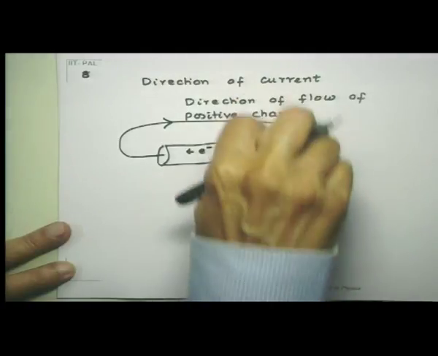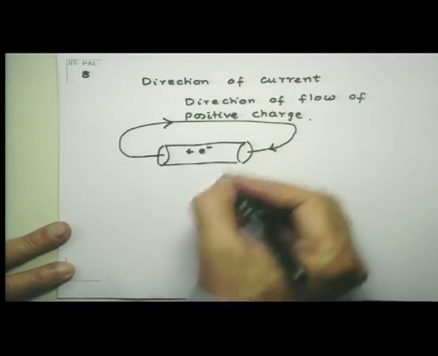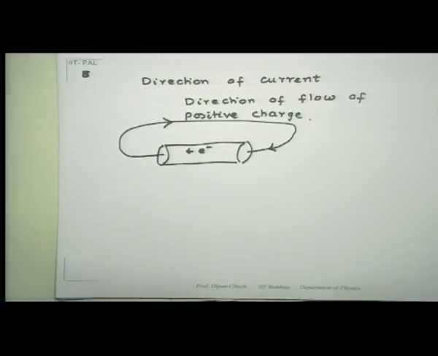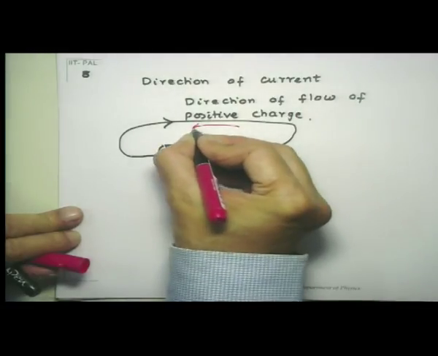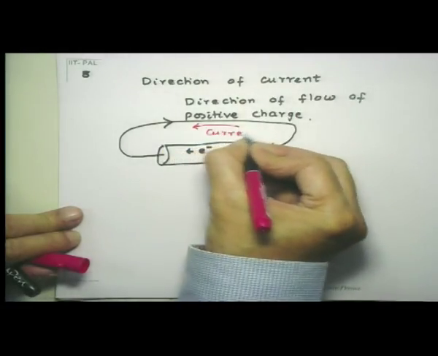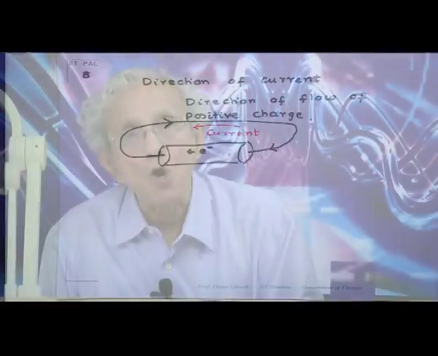So according to this definition that I gave you, this is a situation where the direction of current is the reverse direction. So let me say that that is the direction in which the current is flowing. So in other words, the direction of current is defined according to a convention as the direction opposite to the direction in which the negative charges flow, that is the direction in which the positive charges flow.